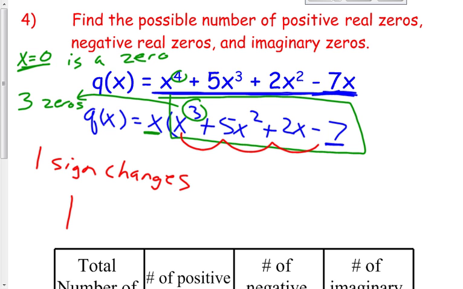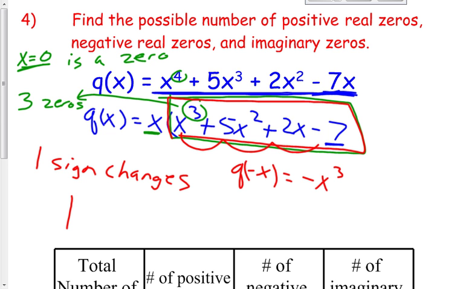Let's talk about the negative sign changes. So if I put a negative x into that one right there, I would have q of negative x equaling: the odd exponents change the sign. So this is now a negative x cubed. The evens stay the same, so plus 5x squared. Odd changes to a negative 2x.